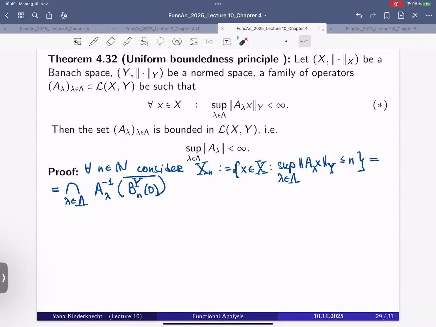Yes. Okay. Now recall that we assume that each A_lambda is a continuous mapping. By the definition of a continuous mapping, or different equivalent definitions, if A_lambda is continuous, then the pre-image of any closed set is closed. So this set is closed since A_lambda is continuous. Agree?